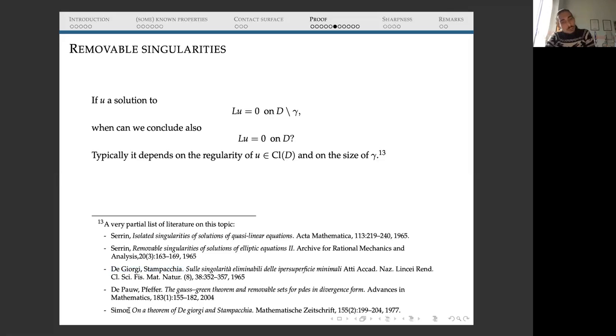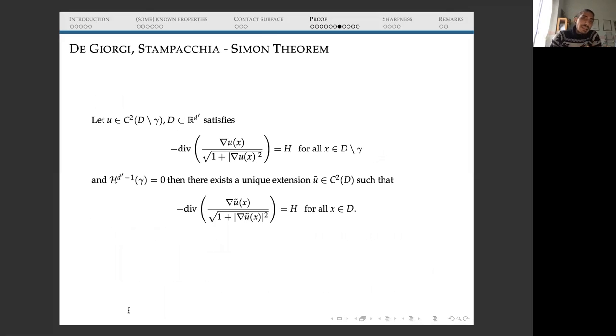To try to understand what is going on. So this theorem concerns in particular the constant mean curvature equation. So it seems to be suited to our situation. And it's very powerful because it's not exploiting anything but the equation. Okay, the fact that U is C2, but this is almost a consequence of the equation.